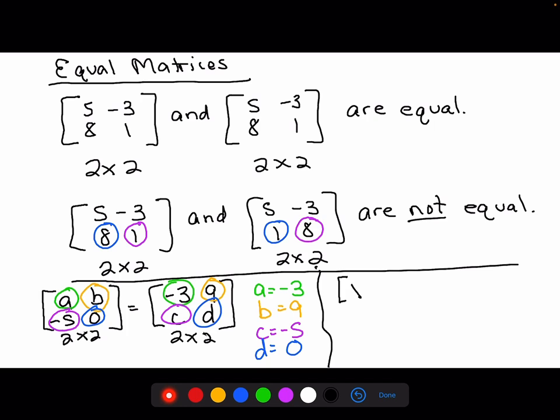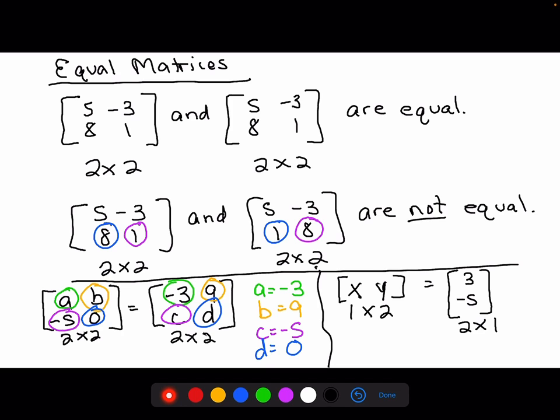Whereas in this example, they're trying to be tricky. They say, what if the matrix with x, y equals this matrix with 3, negative 5? We have a 1 by 2, 1 row, 2 columns, and a 2 by 1, 2 rows, 1 column. This does not have elements in all the same exact places.